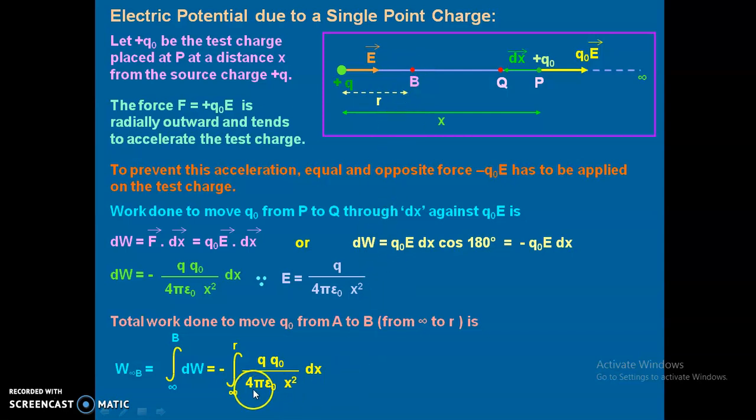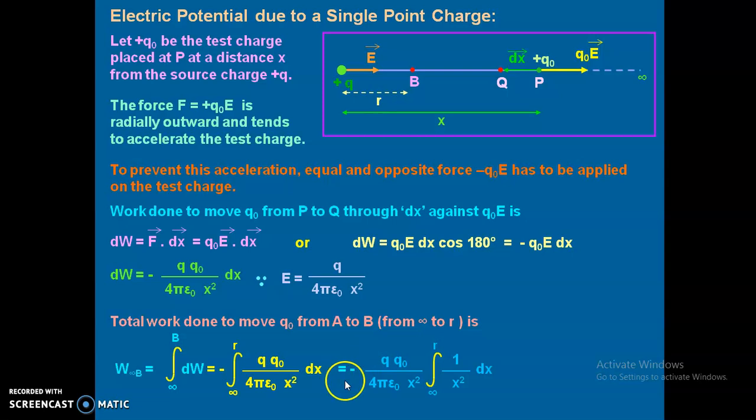After integration, we'll take q naught upon 4 pi epsilon naught outside, and 1 upon x square dx. This extra x square written over here should not be here. Take care of this. This x square is inside, it should not be here.